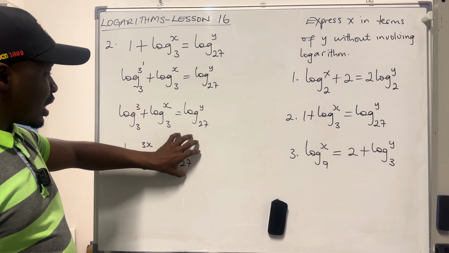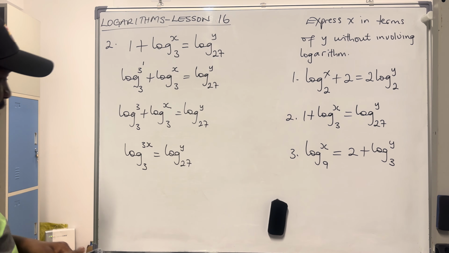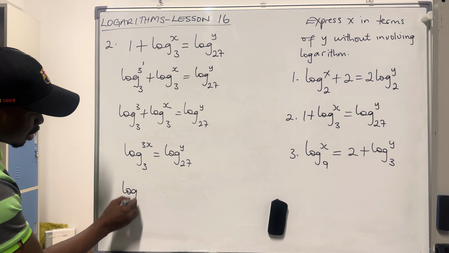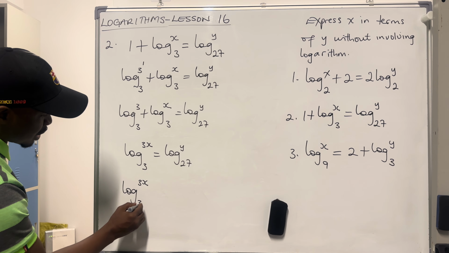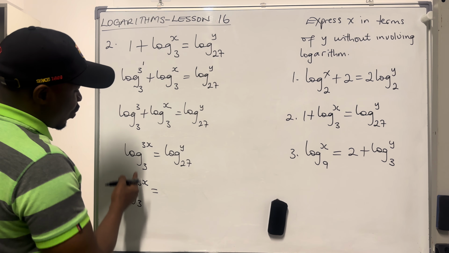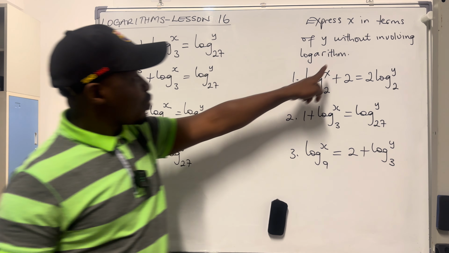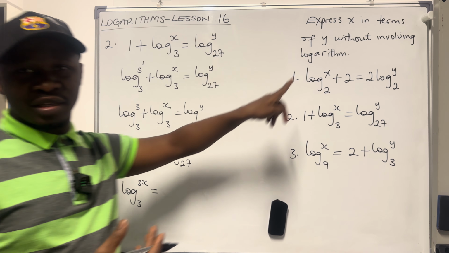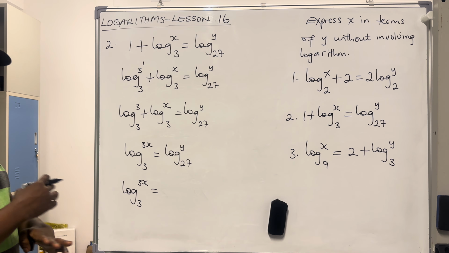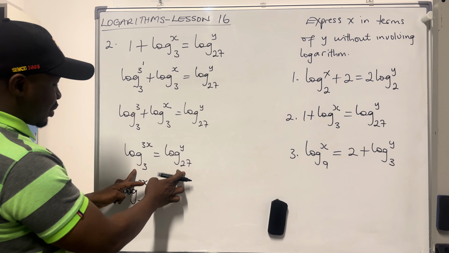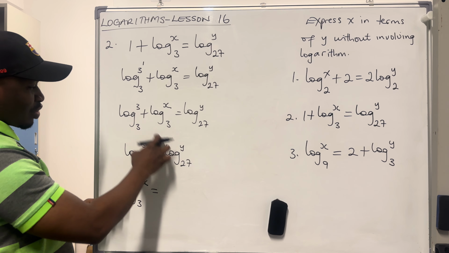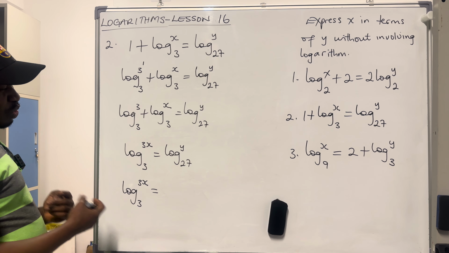So let us generate base 3 here. We don't want to see log, but the bases are not the same, so we cannot say the log cancels the log. It's not happening here.